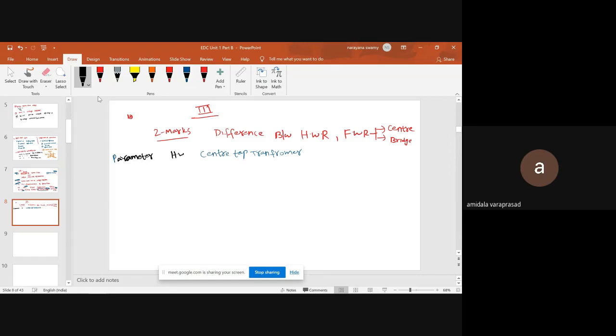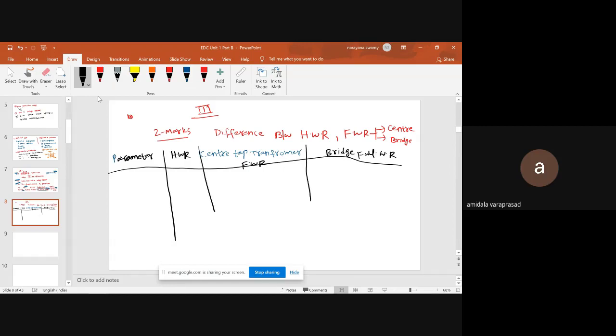Half wave rectifier, center tap transformer, full wave rectifier, bridge rectifier. Now, first we need to know the center tap transformer.